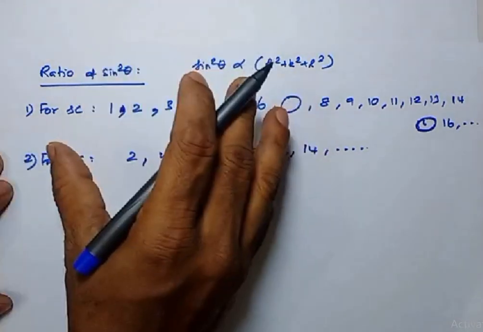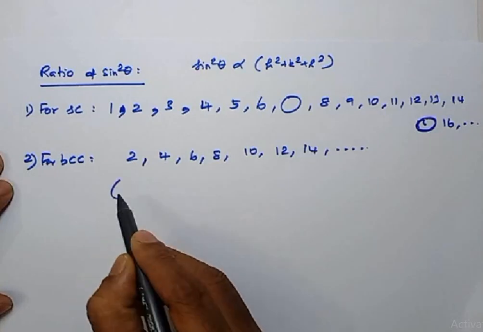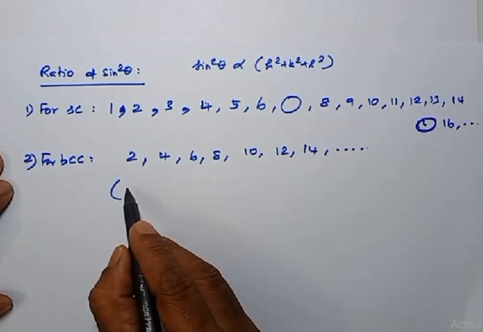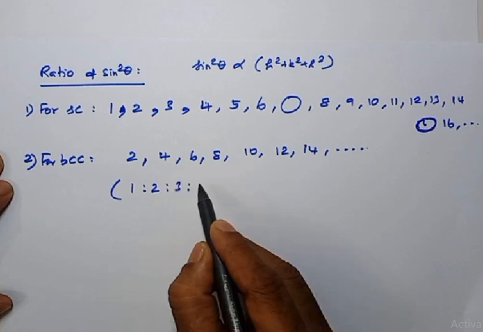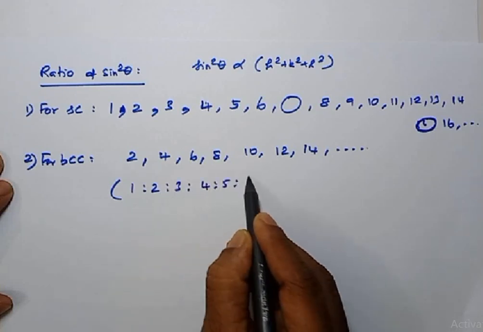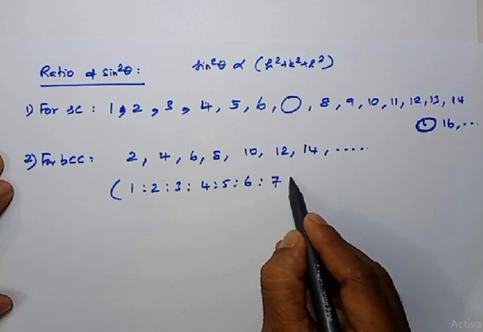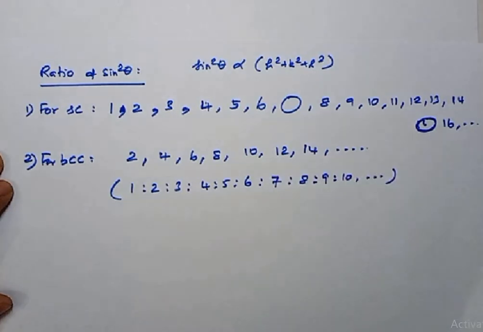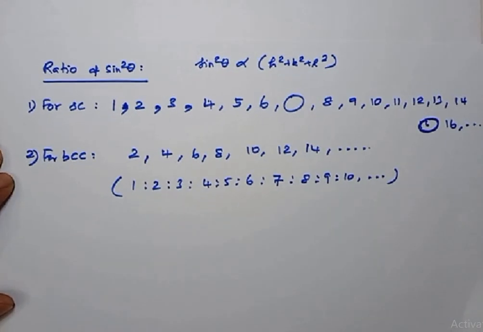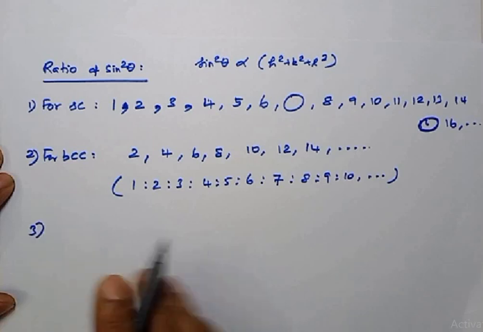But in the X-ray XRD, we can see only the ratios. The ratios will appear like this: 1 is to 2 is to 3 is to 4 is to 5 is to 6 is to 7 is to 8 is to 9 is to 10, like that it goes. This is the ratios of the peaks, right? Anyway, try to remember all these things.